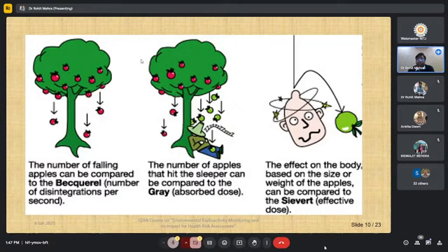Becquerels, in the sense, is the number of disintegrations per second. Suppose the natural radioactivity present in a particular area or a room is measured in terms of becquerels. Now suppose a passenger has a nap beneath that tree on which the apples were falling.